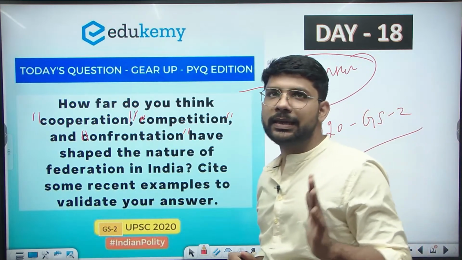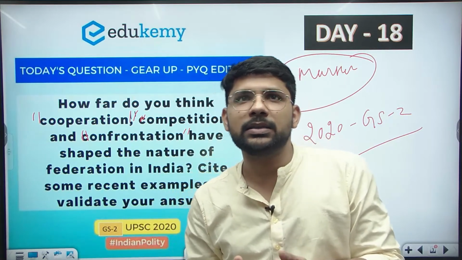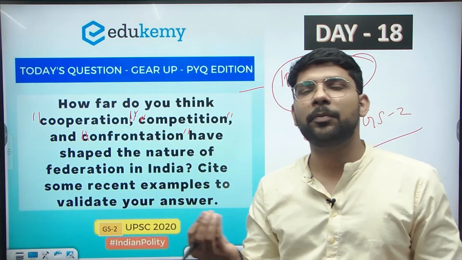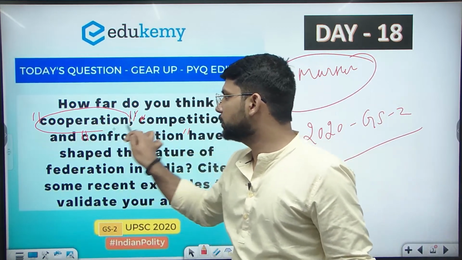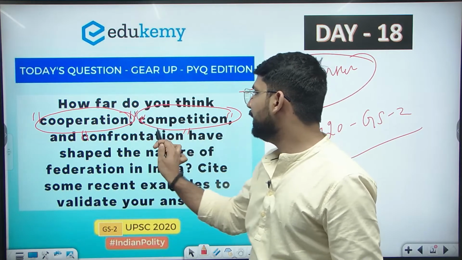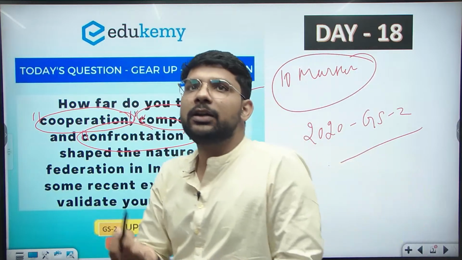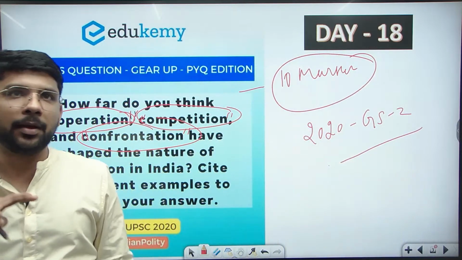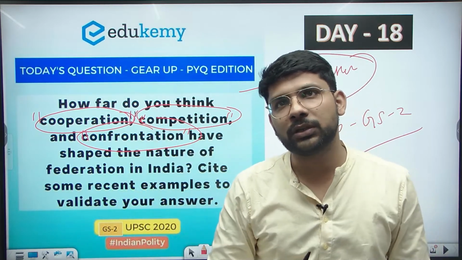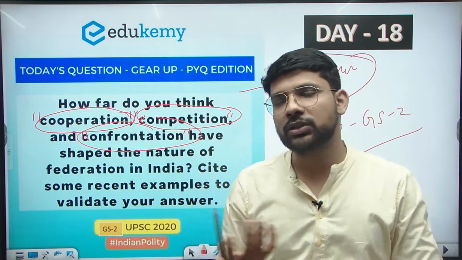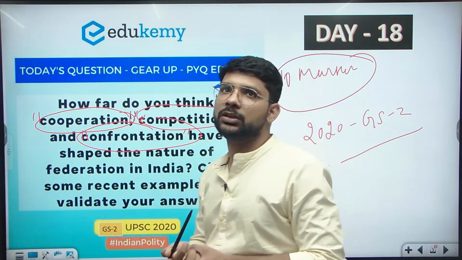Here the question is asking: what is your view on whether the federation in India has evolved due to cooperation, competition and confrontation? We need to focus on these three keywords and support our answer with examples for each. Cooperation can be among the center and states. Competition is how different states compete with each other.